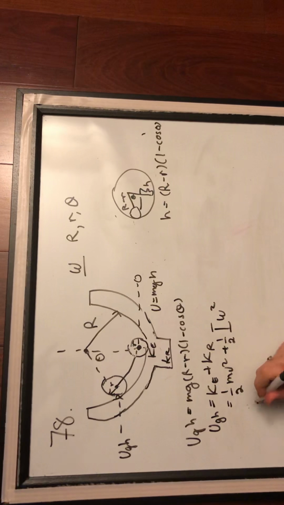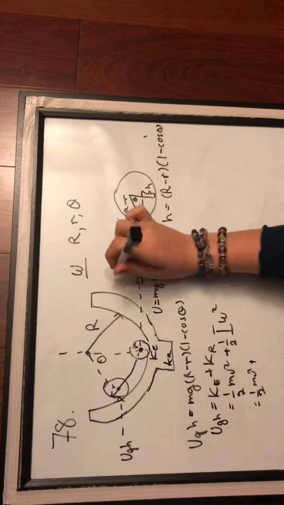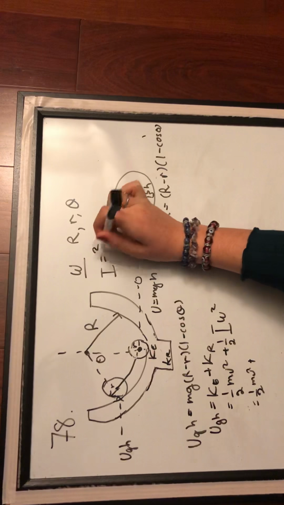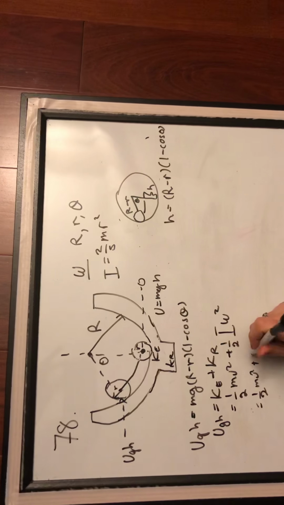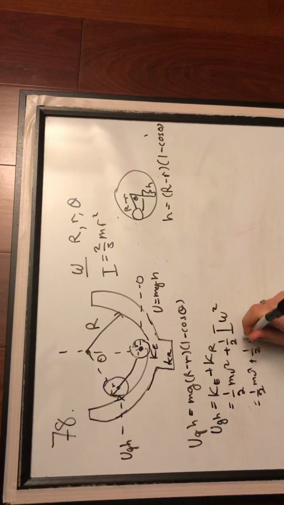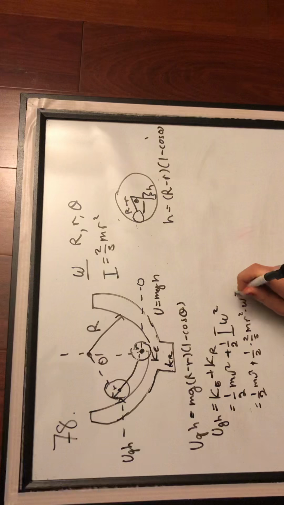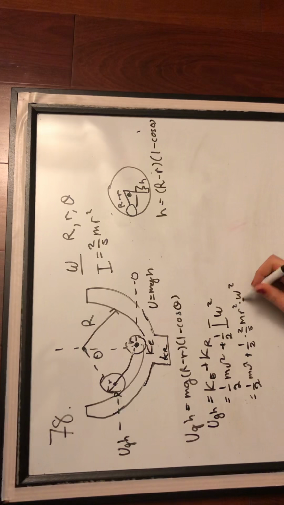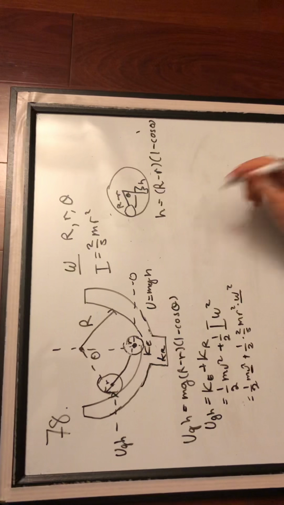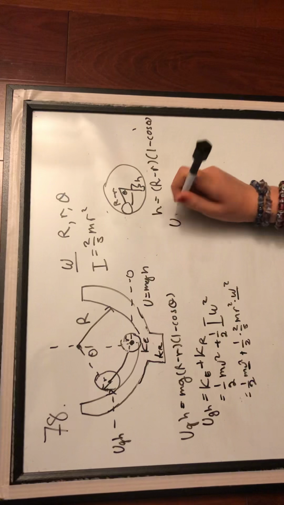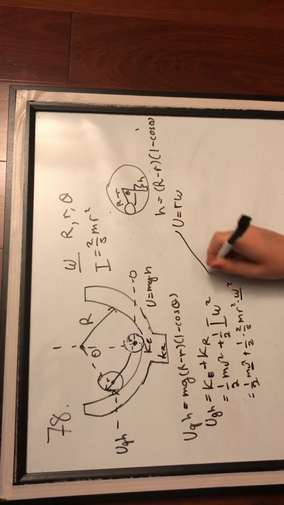So we have 1/2 mv squared plus, since this is a solid sphere, we know the moment of inertia is equal to 2/5 mr squared. So we have 1/2 times 2/5 mr squared times omega squared. And we're trying to find omega in terms of R and theta, but then we have a v here. So we're gonna use the conversion formula that v is equal to r omega and substitute it back into this equation.